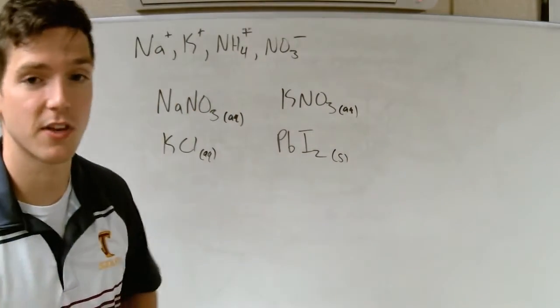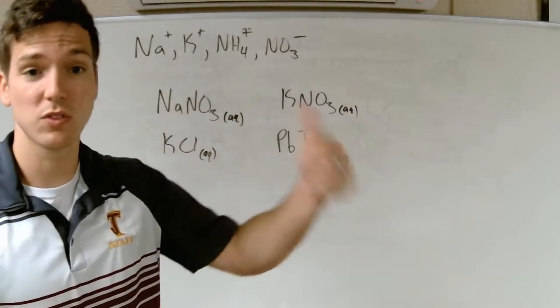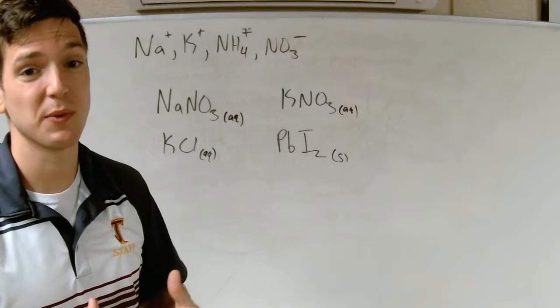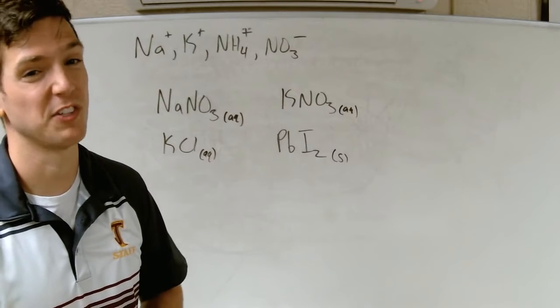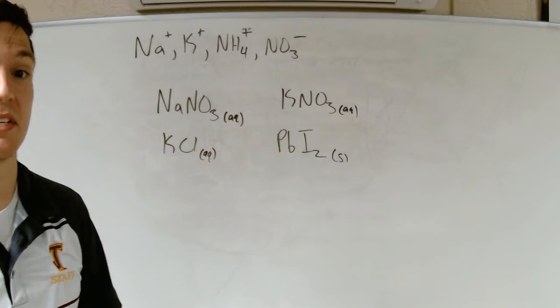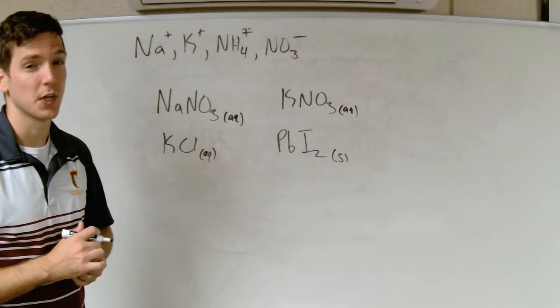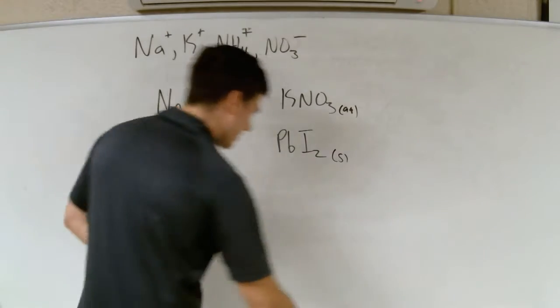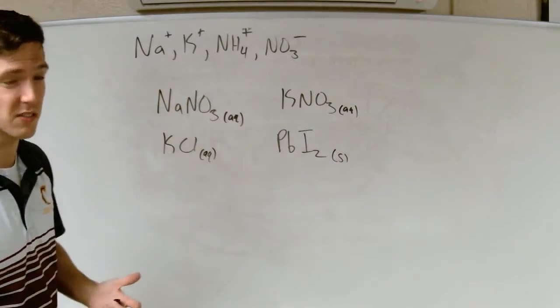So, know those solubility ions. If you see those in a compound, you know it's aqueous, it breaks apart, it's a strong electrolyte. If you don't see them, that means it's a solid, that means it's not going to be a good electrolyte. And then we got to know those strong acids and those strong bases.